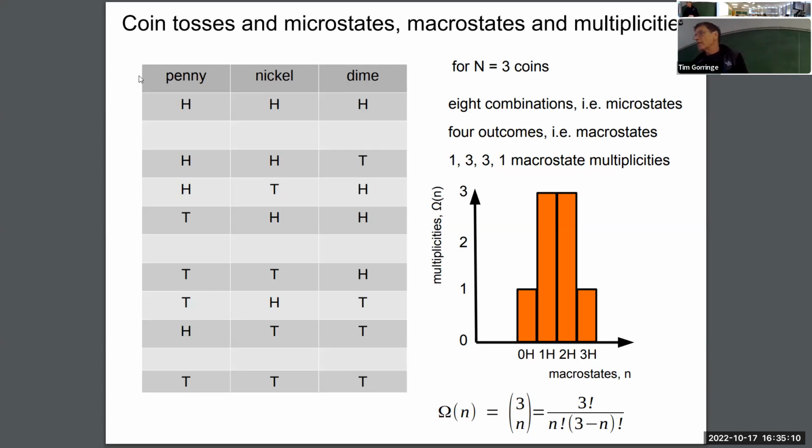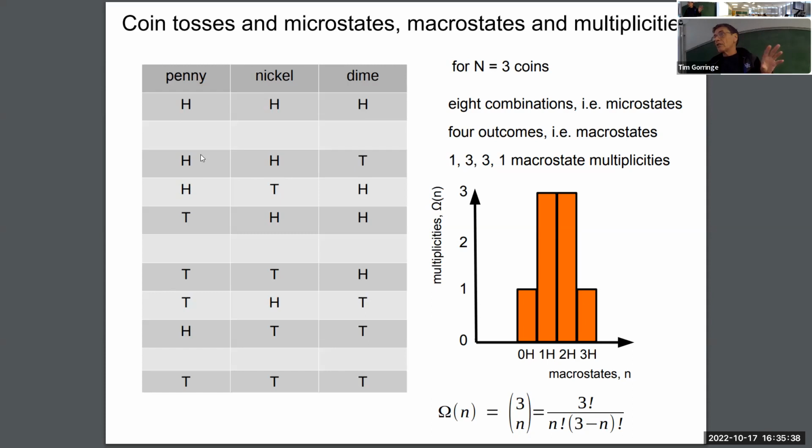And one thing you'll notice is that there's only 1 microstate, 3 heads, for the 3-head macrostate. And there's only 1 microstate, 3 tails for the 3-tail macrostate. But for the 2 heads macrostate and the 2 tails macrostate, there's actually 3 microstates for each of those.